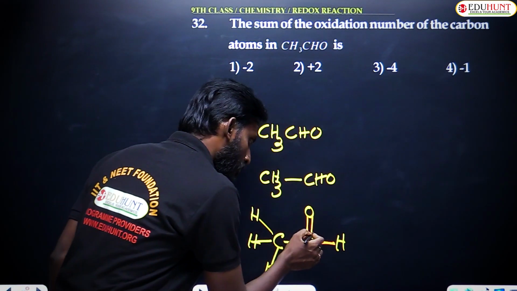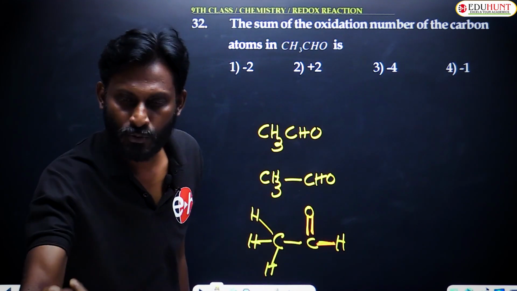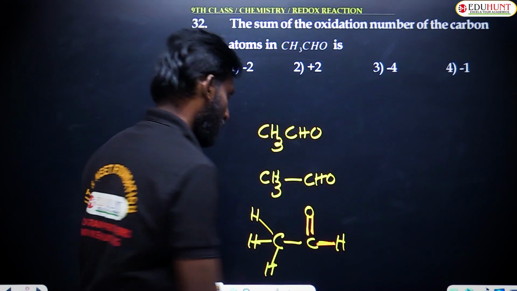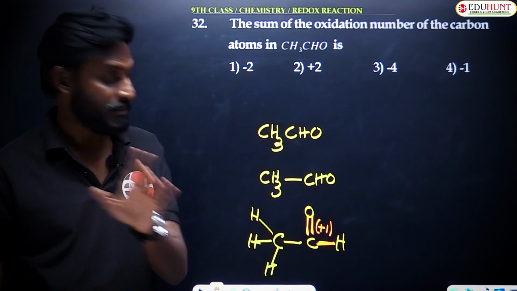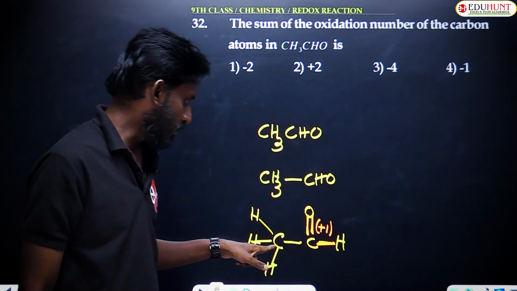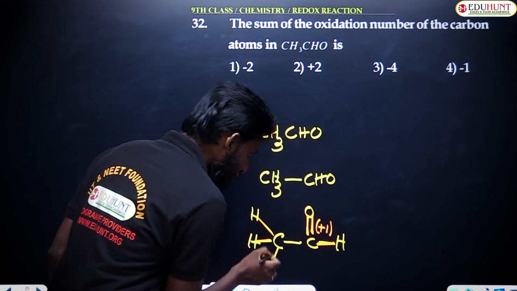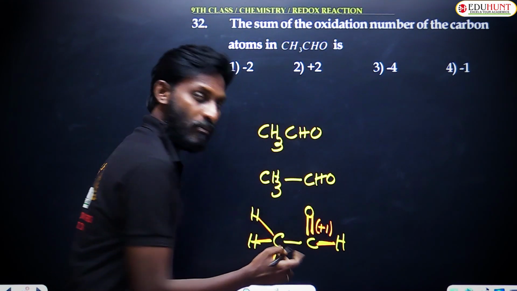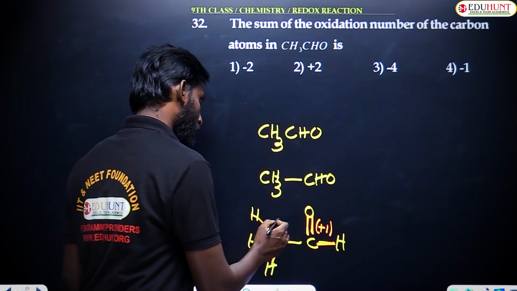So +1, +2, -1, so +2, -1, +1. So this carbon is in +1 state. This carbon is in +1 state. Yes. Now what about this carbon? Yes. -1, -2, -3, and the carbon-carbon bond gives nothing. This is in -3 state.